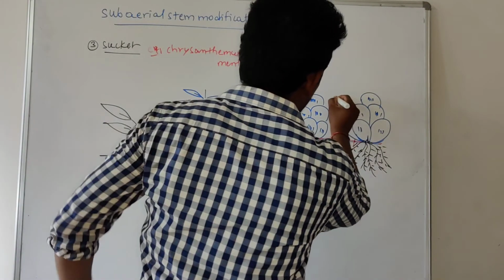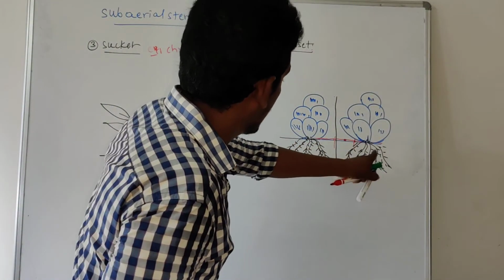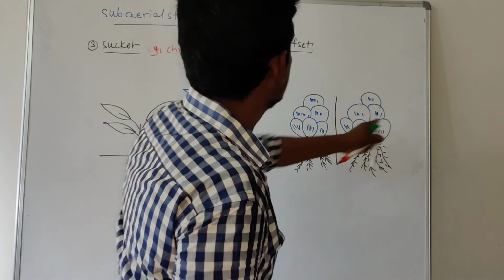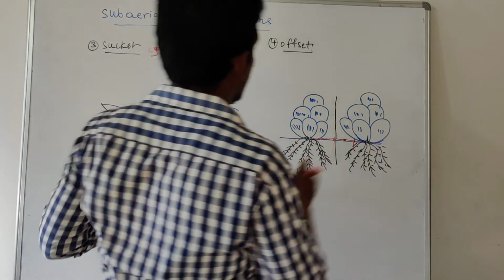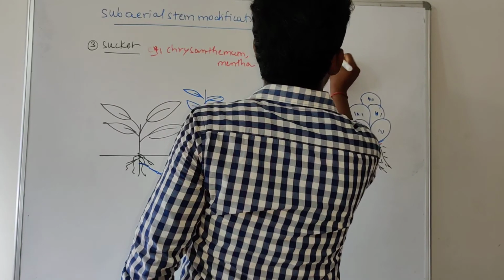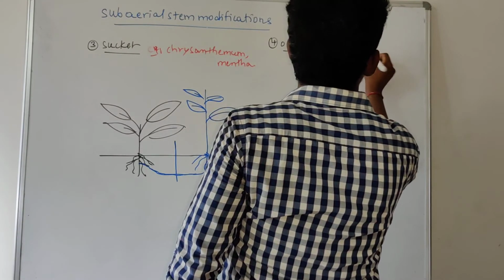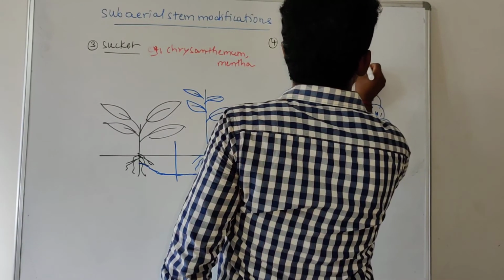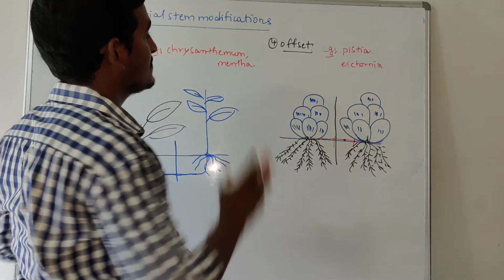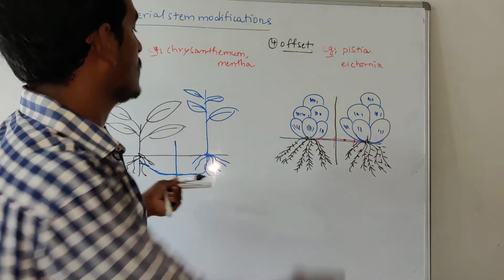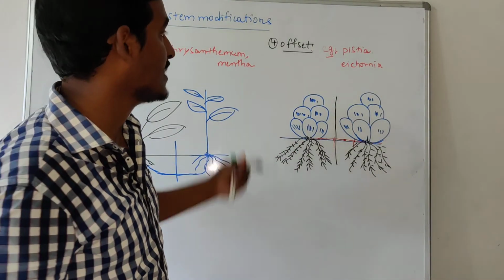When this internode breaks off, the daughter plant separates from the parental plant and grows as an individual. Examples of offset are Pistia and Eichhornia, the water hyacinth. So that is about the subaerial stem modifications. All of them help in vegetative propagation. All are creeping stems because they are weak.